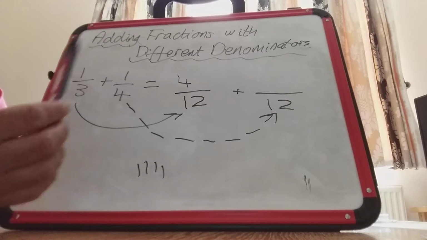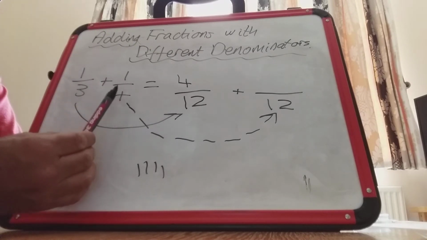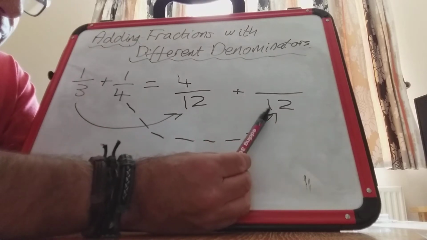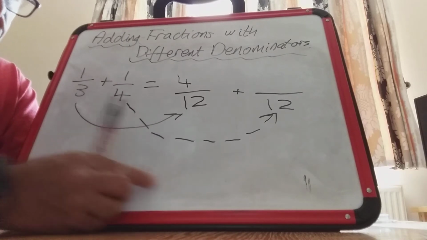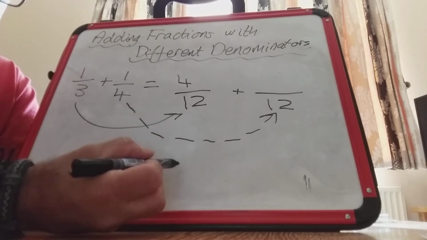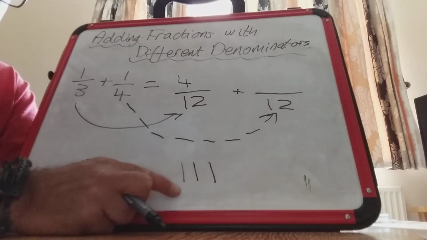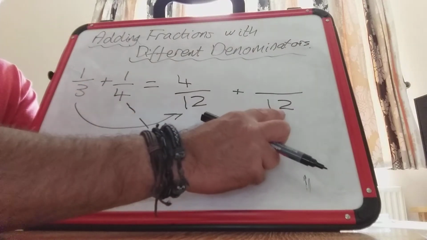And now, do the same for the other fraction. What do we multiply 4 by to get to 12? 4, 8, 12. We multiply it by 3. So therefore 4 times 3 is 12.